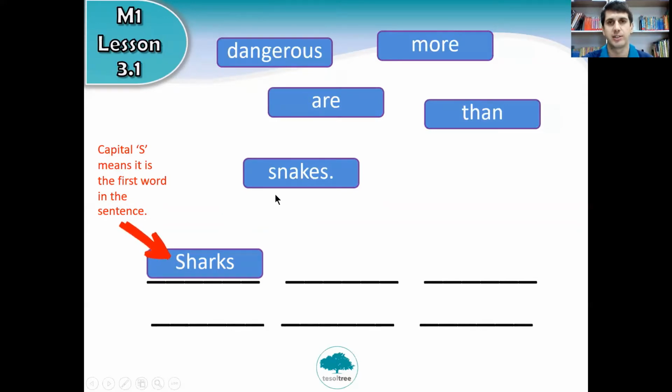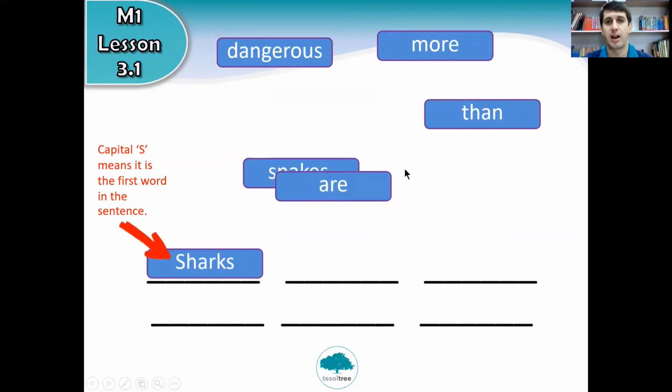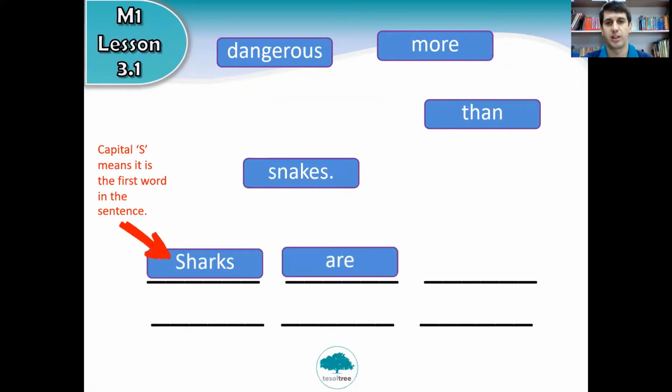So, sharks. What's next? Do you remember from class? We studied this before. Sharks are. Now, we have the comparative.